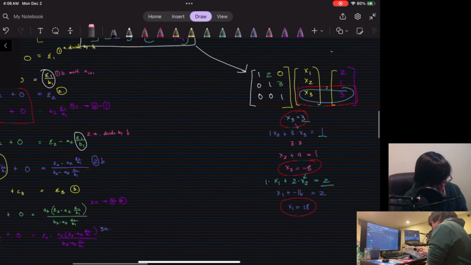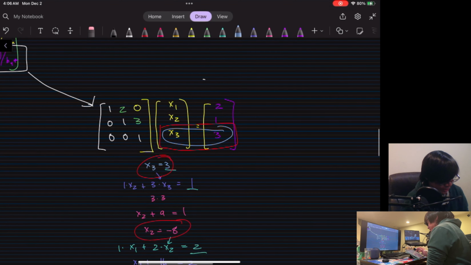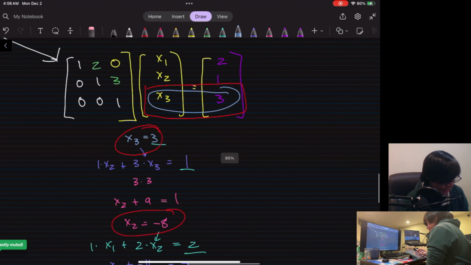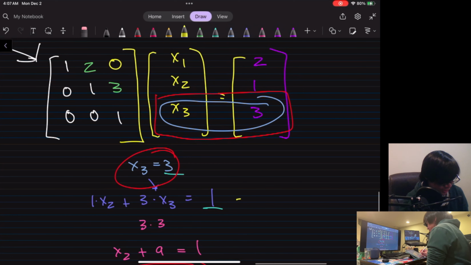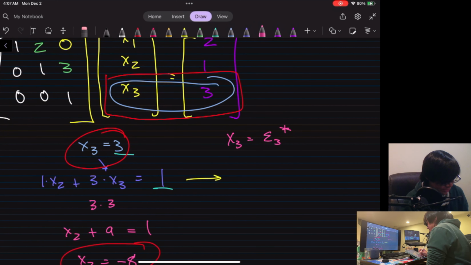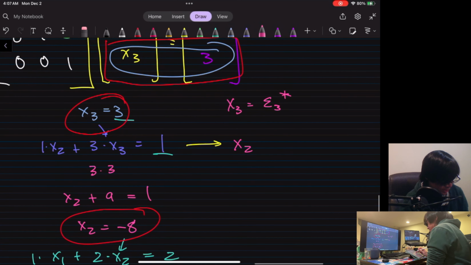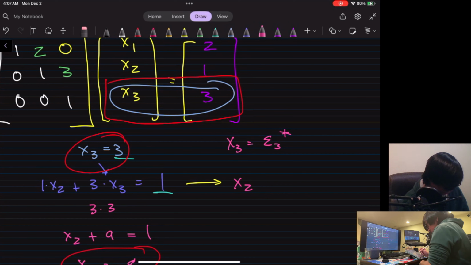So we'll need to code this out here. Let me just do this now so I don't have to later. Essentially, these green values are our C's. So let's write this out in terms of values here. We had x3 is equal to epsilon 3 modified. And then x2 ended up being, plus 9 is equal to 1. You had x2 times our current b, which is a 1, so don't have to worry about it.